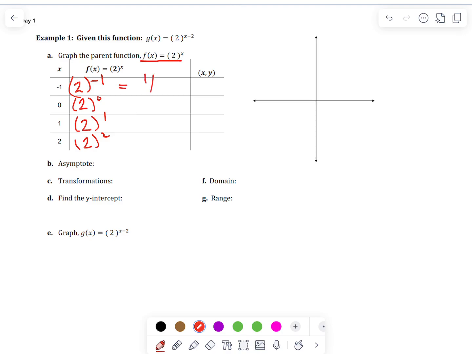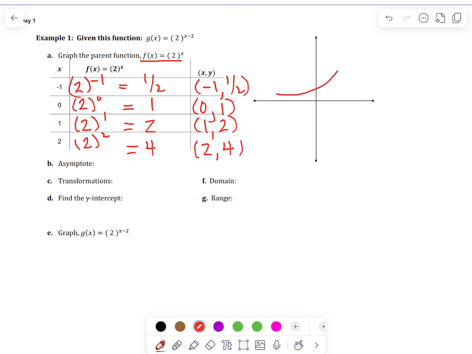And we get 1/2, 1, 2, and 4. Then what we would do is we graph those ordered pairs. So negative 1, up 1/2, over 0, up 1, over 1, up 2, over 2, up 4. So this is what the curve will look like as the parent.